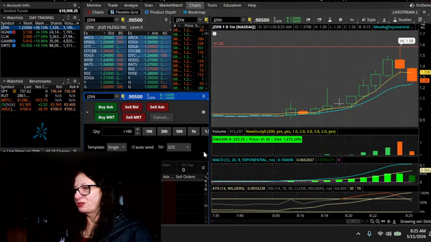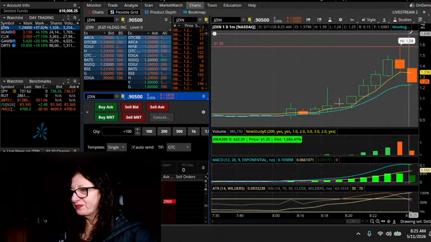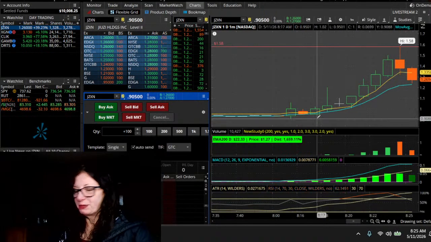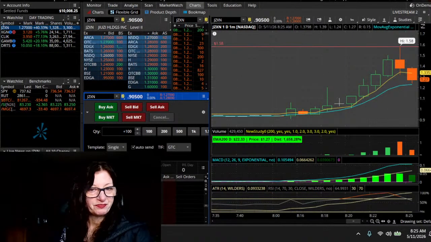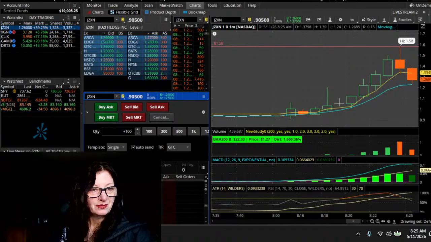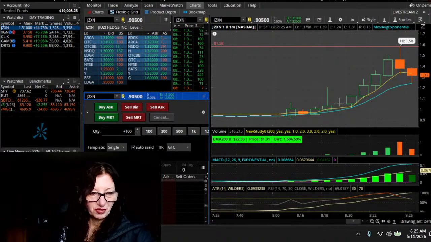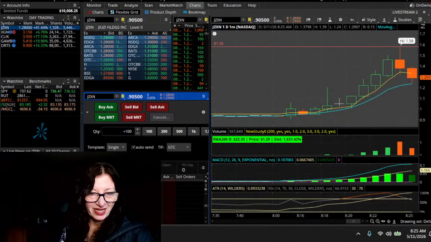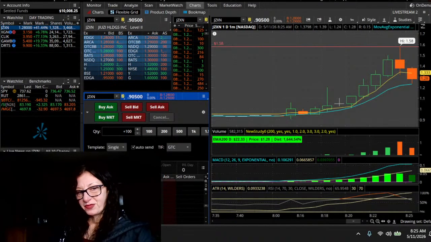I thought this looked potentially good, but now it's dropping below VWAP. I was looking at the 10-second chart thinking, should I try to get in for a micro pullback?